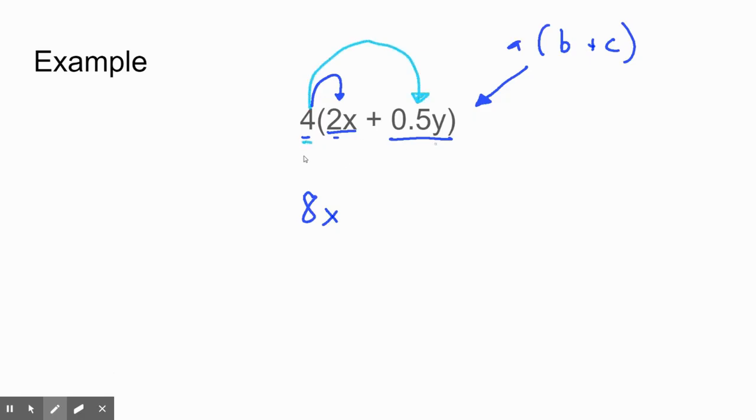Again, really, we're just multiplying the coefficients, so 4 times 0.5, so it would be 2, and we have y. And we know that our operation is addition. So this is going to be our simplified expression. We have two different terms. Both terms have different variables, so we cannot simplify them any further.